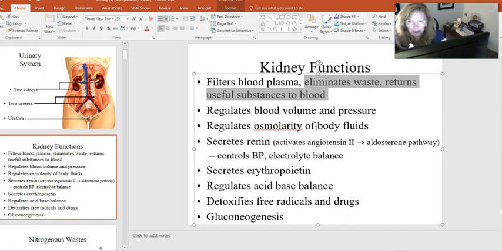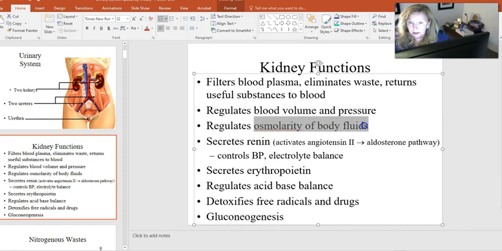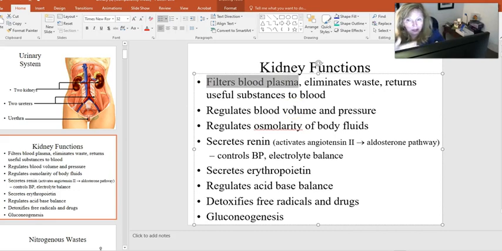So osmolarity of the blood has to be maintained with the osmolarity of our tissue, the fluid that's bathing our tissues, and even the osmolarity of the internal cellular fluids. So it has to be all balanced, because that's going to play a role in how water moves between those systems. So it's very important to realize that this is also a really important function of the kidneys, as they are filtering that blood plasma, making sure that just enough water is let go, just enough of the waste products are let go, but not too much, because osmolarity has to be maintained.